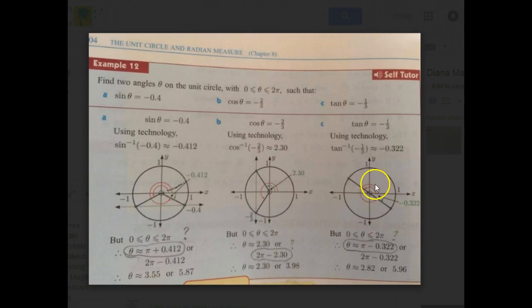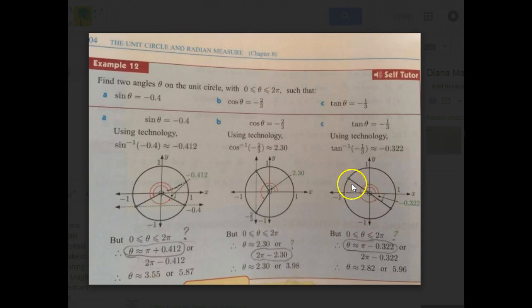Okay, and so why is tangent like that? It's different than this one, right? Remember that the value of tangent is not related directly to either the x or the y coordinate. Tangent is equal to sine divided by cosine. So it's actually equal to the y-coordinate divided by the x-coordinate.